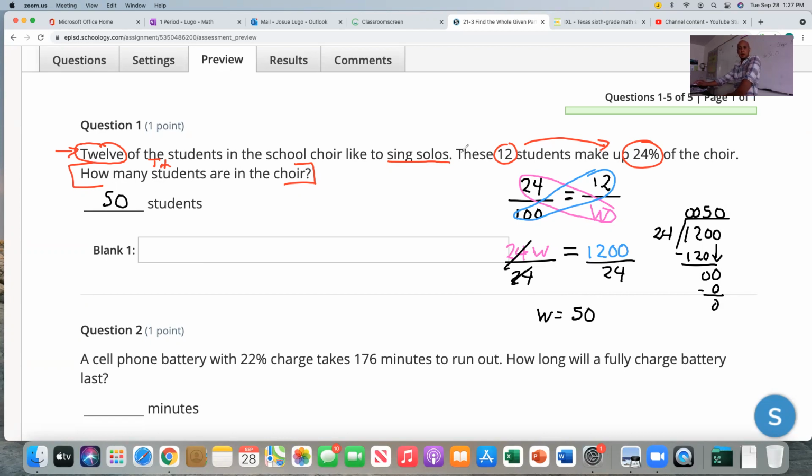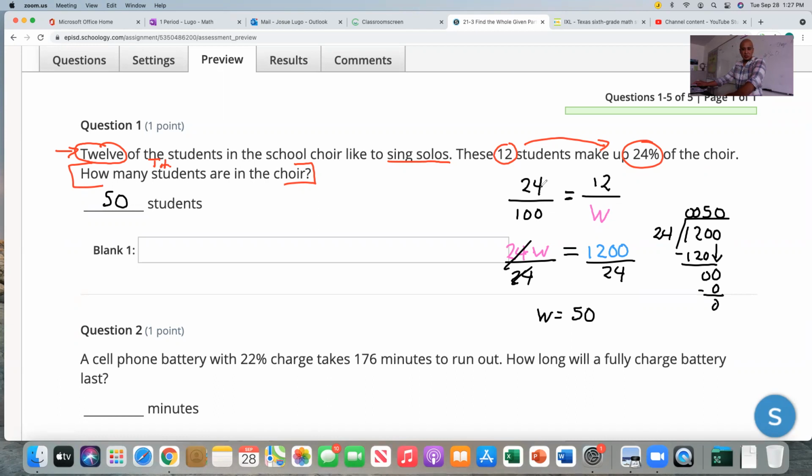Excellent. Now, before I continue, do notice that this is actually a problem that I could have done a little bit differently because, remember, these are supposed to be equivalent fractions. And equivalent fractions, whenever you take a fraction and you either multiply or divide both the numerator and denominator by the same value, it is going to give you another equivalent fraction.